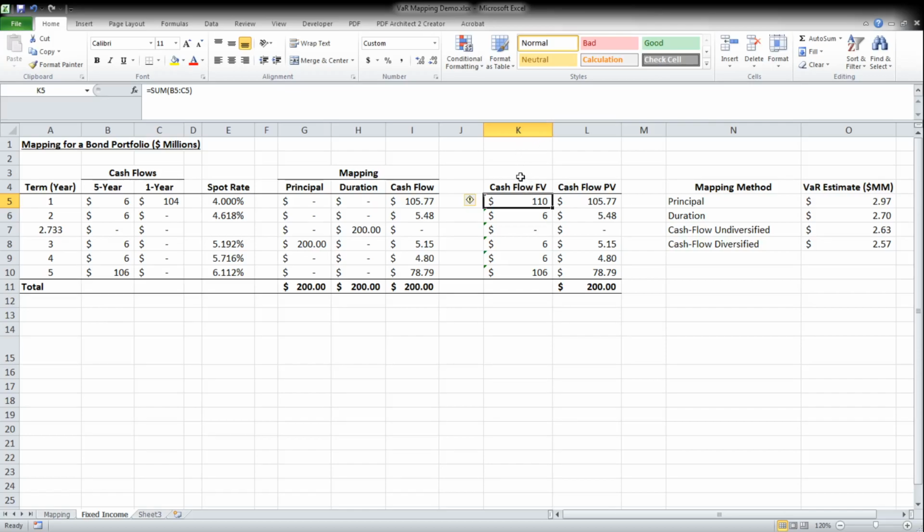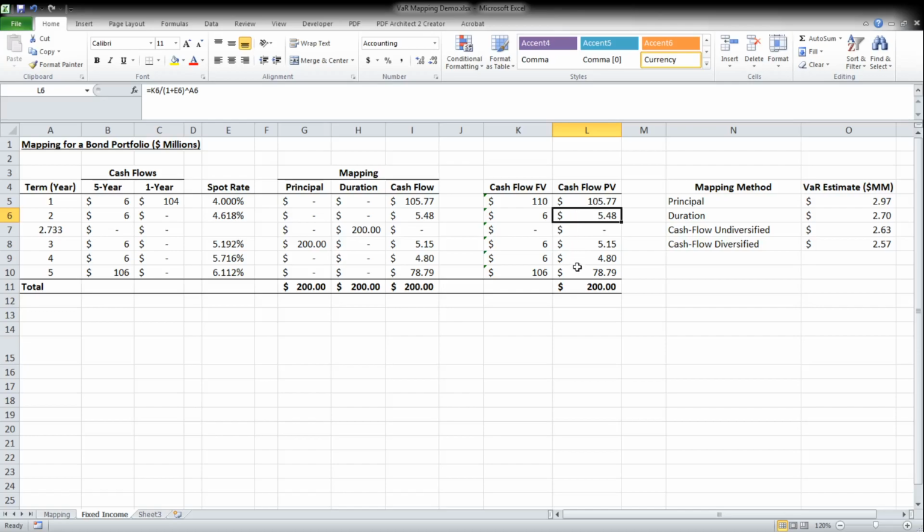We take that 110 million and we discount it back at the spot rate of 4%. When we discount the $110 million to today, we get a present value of that cash flow of $105.77 million. During year two, we only get the $6 million payment from bond number one. That's the $6 million cash flow, and we discount it back to today using the rate of 4.618%, and we get the present value of that cash flow at $5.48 million.